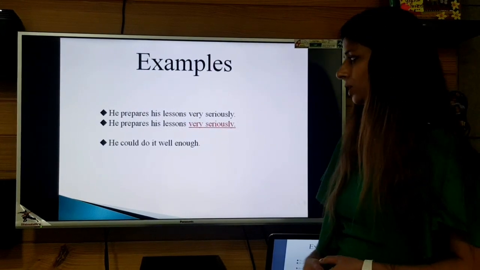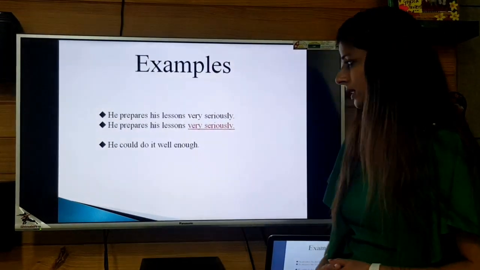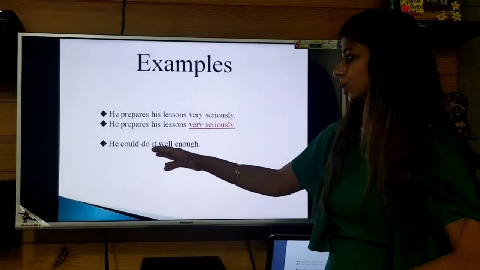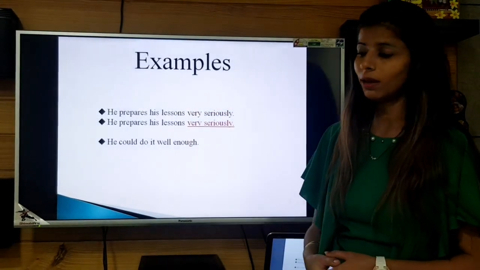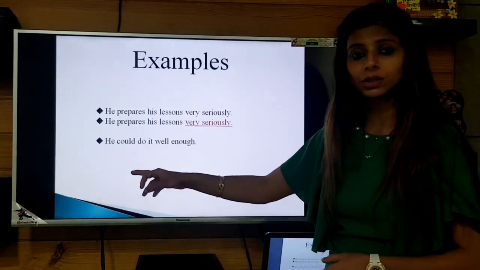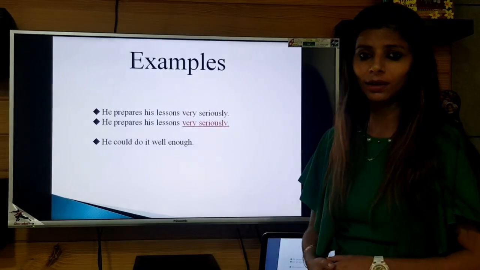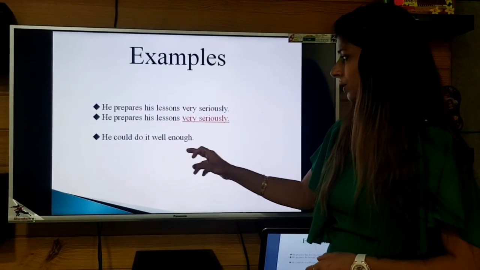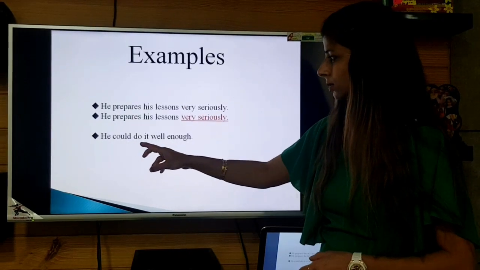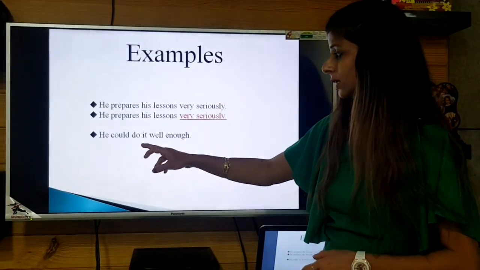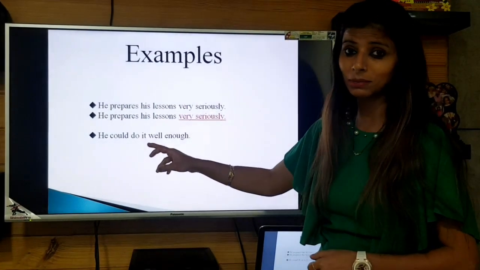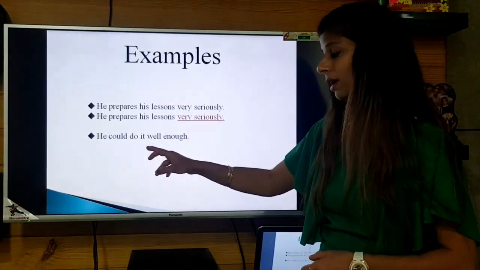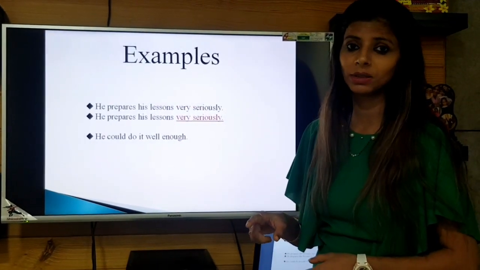So now let's do the next example. He could do it well enough. Here in this sentence we are talking about doing something. Doing is the main action word here. Here it is not taken as a helping verb.